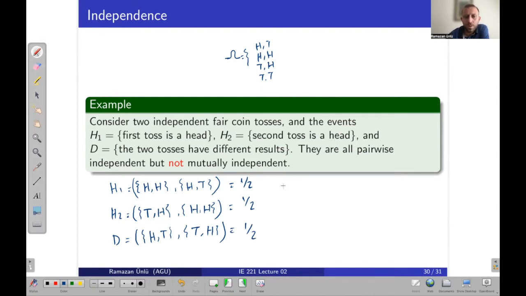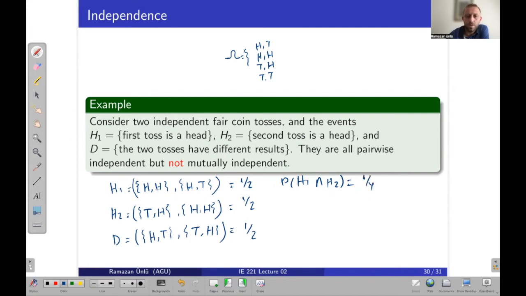The first one is the probability of H1 intersect H2. Only the head-head pair satisfies this intersection, so the probability is 1 over 4.